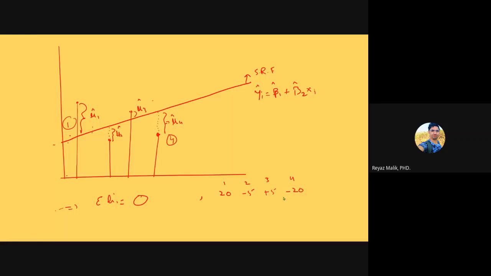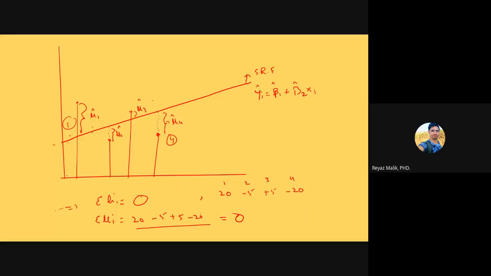The first problem of only doing the summation of ui is that it will not highlight the error. It will give us the wrong estimation. If we do the summation of ui, it is 20 minus 5 plus 5 minus 20, summing up these four errors, so it will be equal to 0.